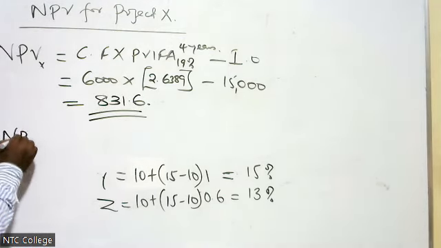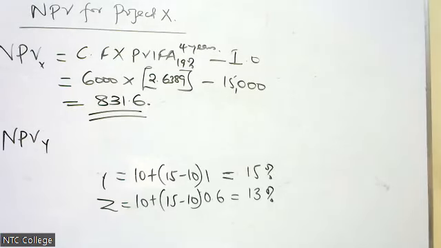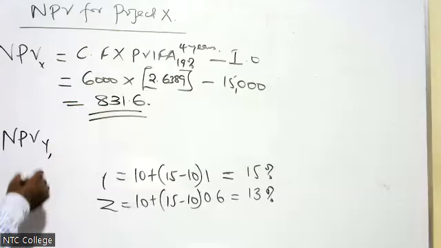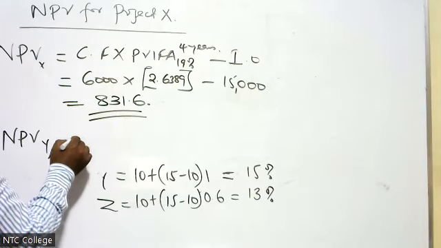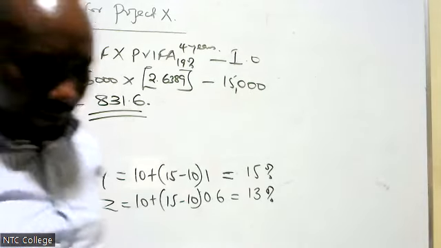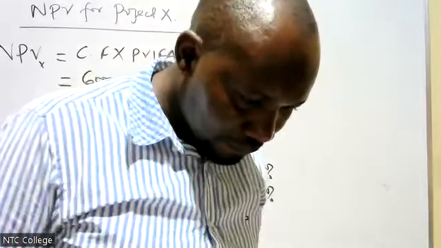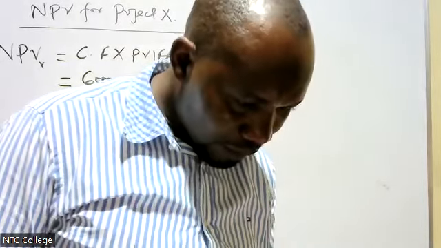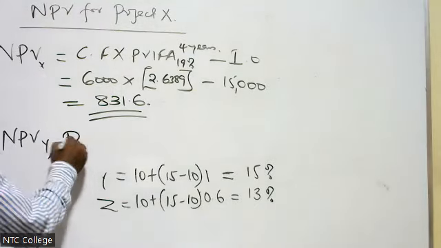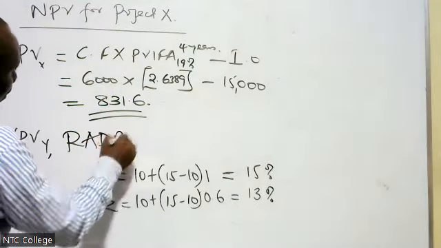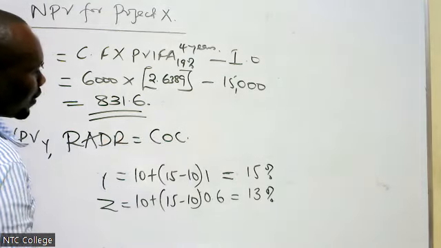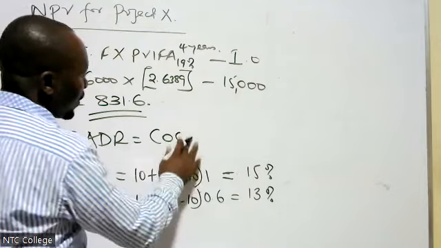So NPV for Y, the same as the previous one. Was it adjusted? In Y, RAD is the same as the cost of capital, right?